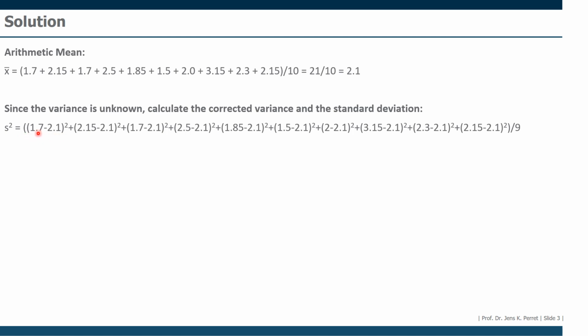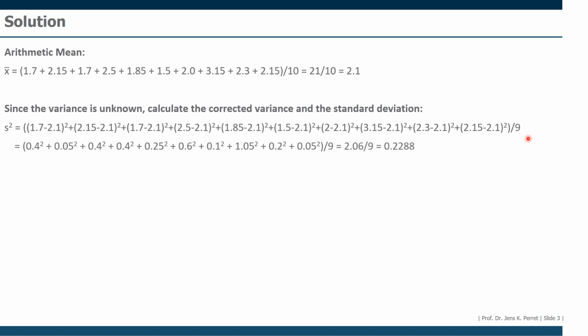So it's always value minus the mean, to the power of 2, to the power of 2 and so forth. All of this added up and then divided by the number of observations minus 1. So here we already said we have 10 observations, so number of observations minus 1 would be divided by 9. This then gives us the corrected or the sample variance.